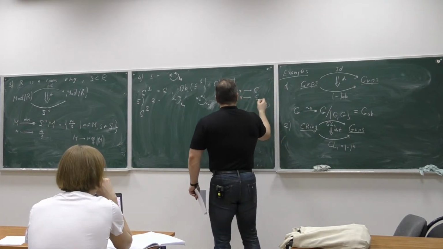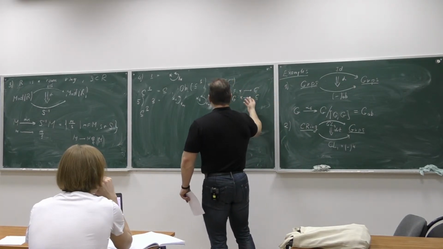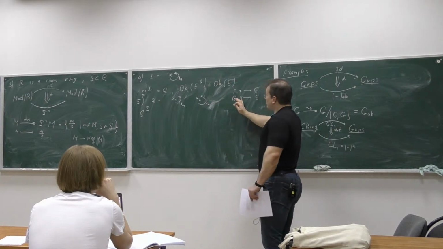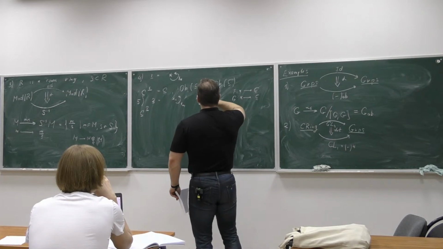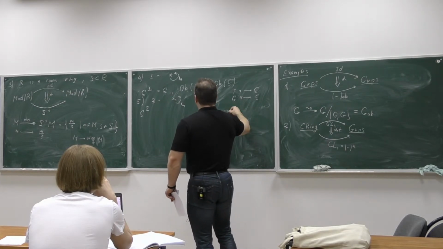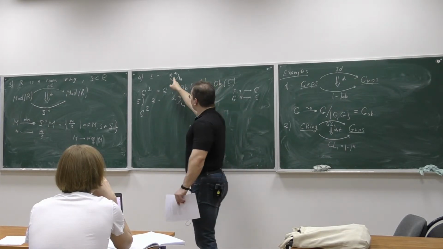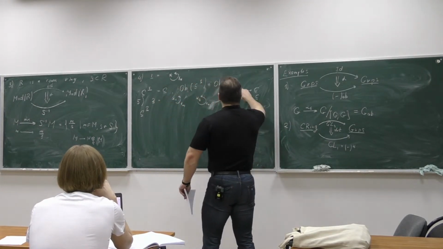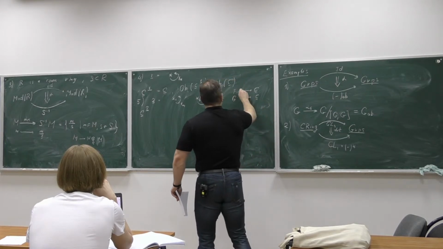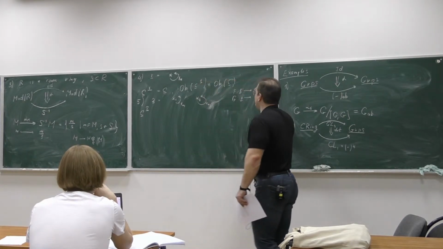Well, that's a map. I need to fix an object in the first category. There's only one object, so I don't need to fix anything. What is star again? Star is just an object in this category, the unique object.